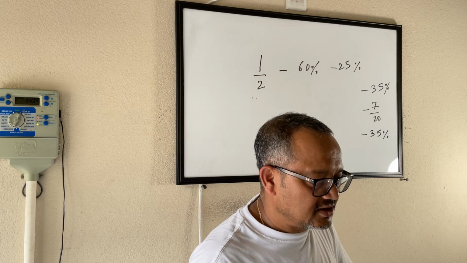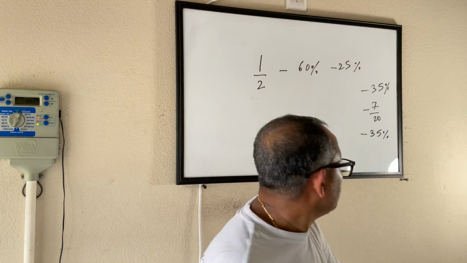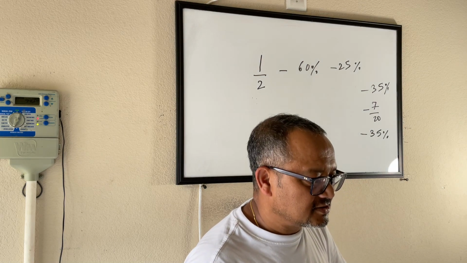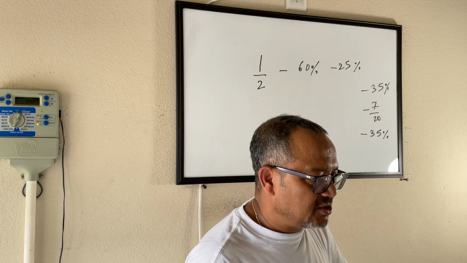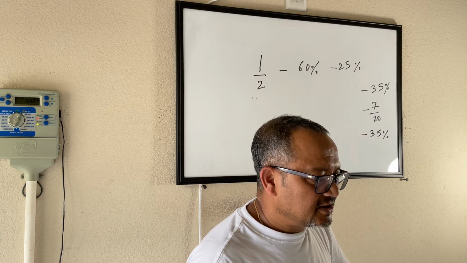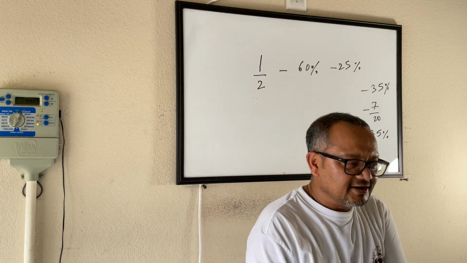Okay, Advik. Negative 7 over 20. Okay, Shaurya. Negative 35%. Sami, you already told the answers. Yeah, your hand was raised, that's why. Okay. Vasundhara.